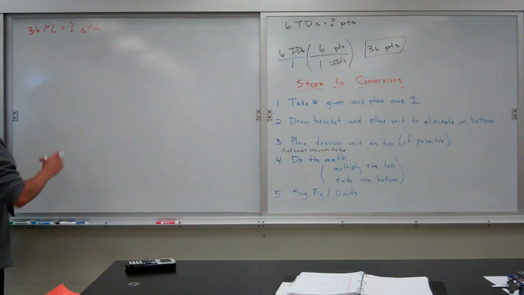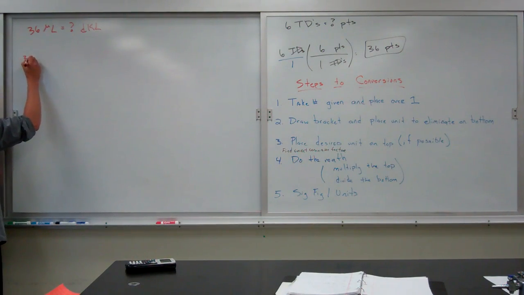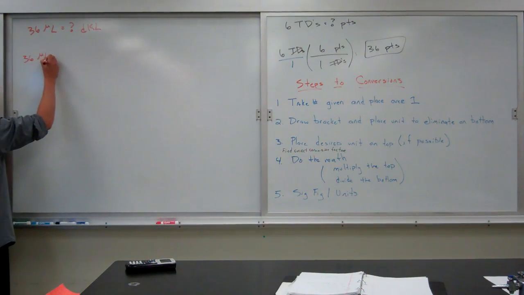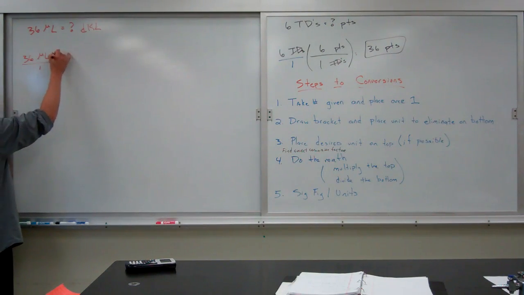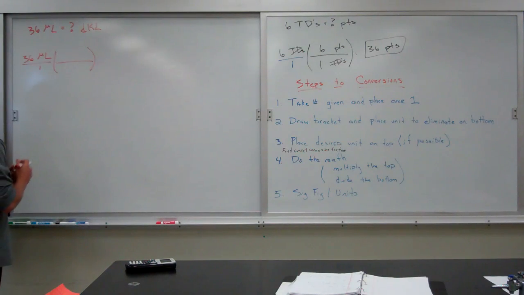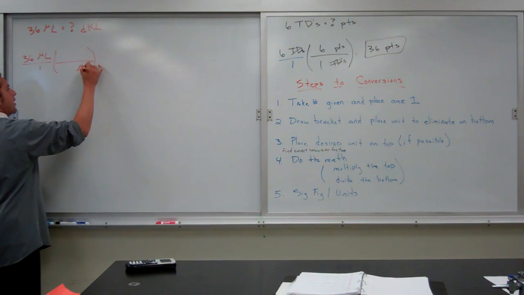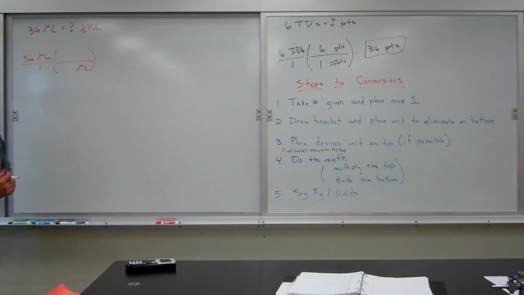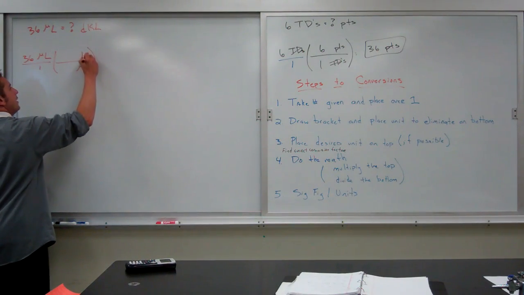So, try to follow our system. Step 1, take the number given with its unit over 1. Step 2, draw my brackets, put the unit to get rid of on the bottom, which is microliter. Put the unit that you're looking for on top, decaliter.